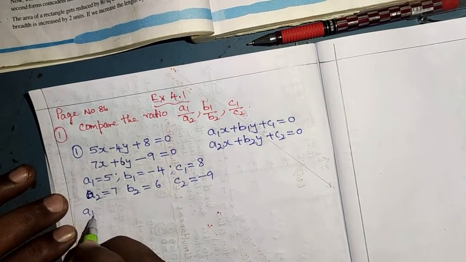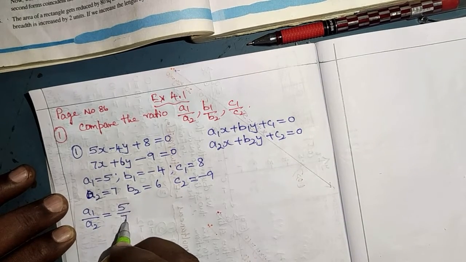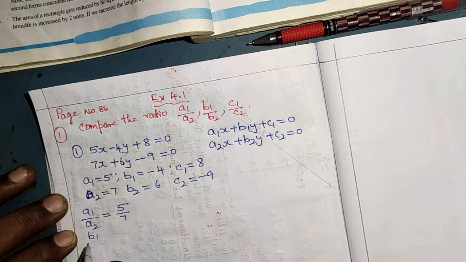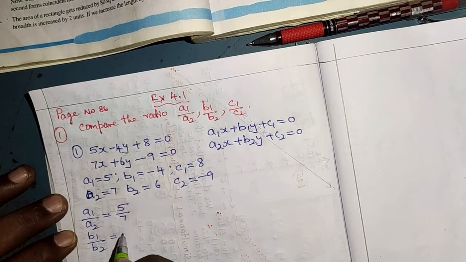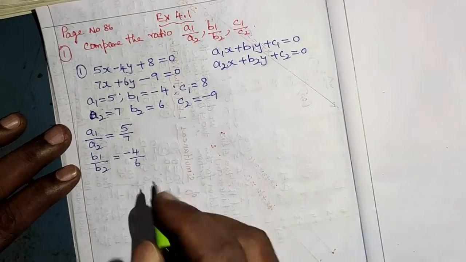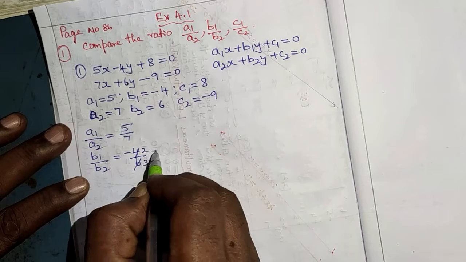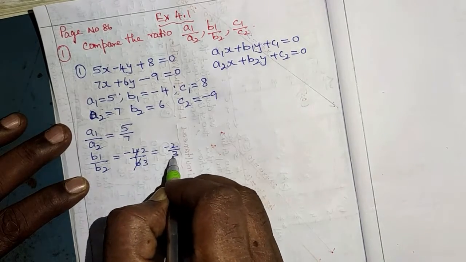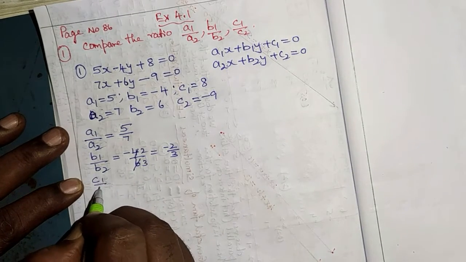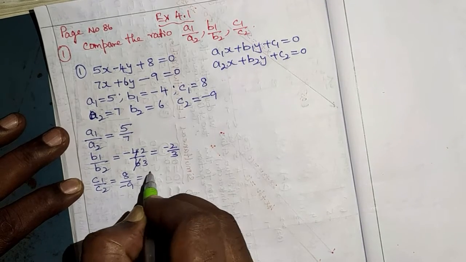So what is our observation? a1 by a2 is 5 by 7. b1 by b2 is minus 4 by 6, which on simplification is minus 2 by 3. c1 by c2 is 8 by minus 9, which is minus 8 by 9.